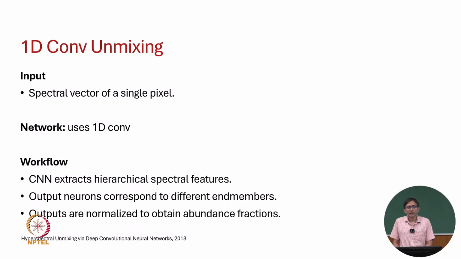The workflow will look like this. The CNN would extract hierarchical spectral features. The output neurons, in this case, correspond to different end members. Outputs are normalized to obtain the abundance fractions.